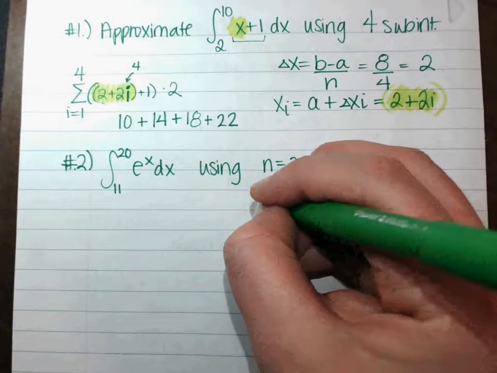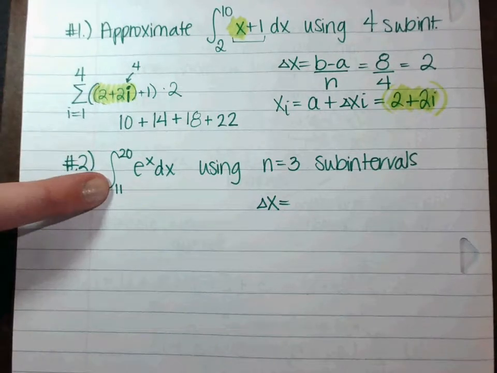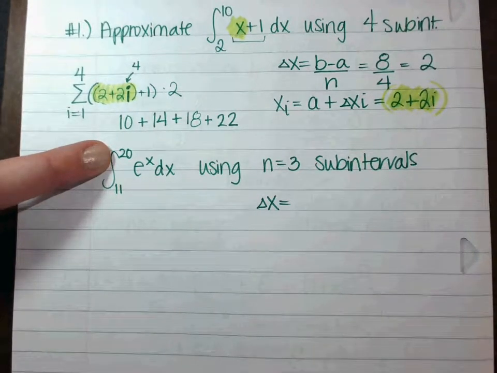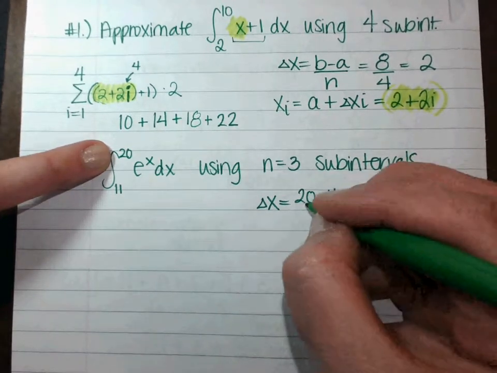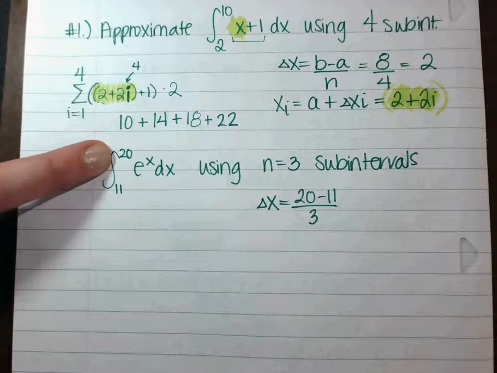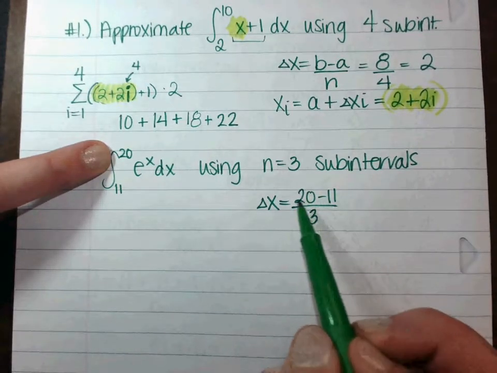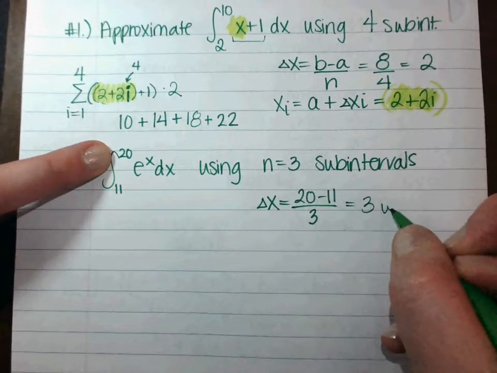So delta x is how far I'm shading from 11 to 20. 20 minus 11 is 9, but then I'm going to divide it into 3 equal pieces. So it's 9 divided by 3. How wide is each piece? 3 is my width.